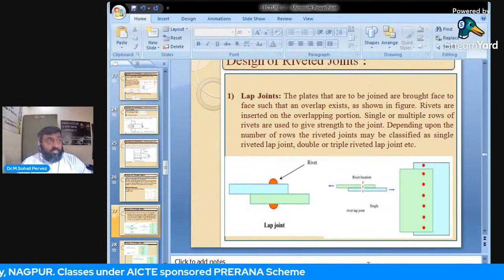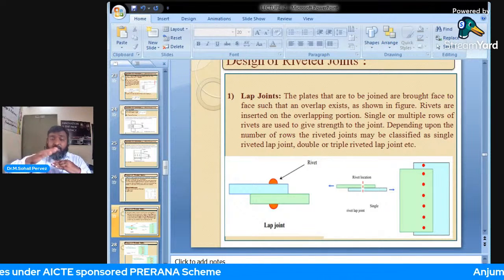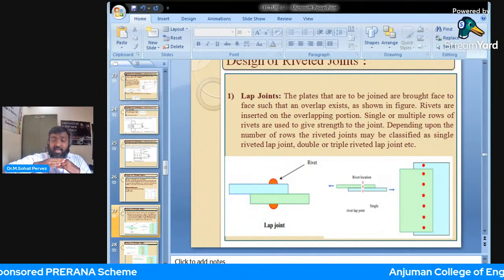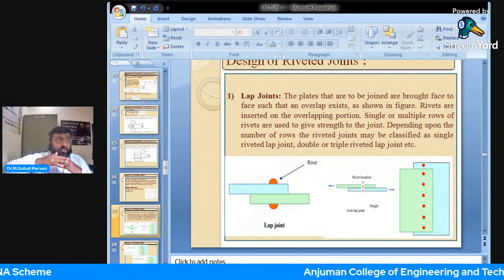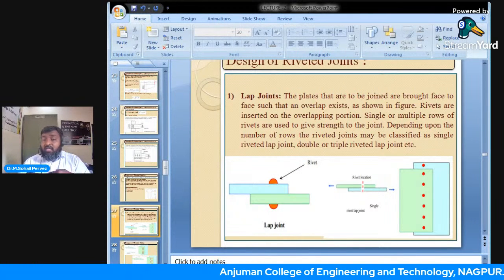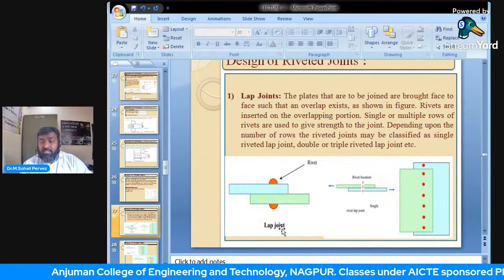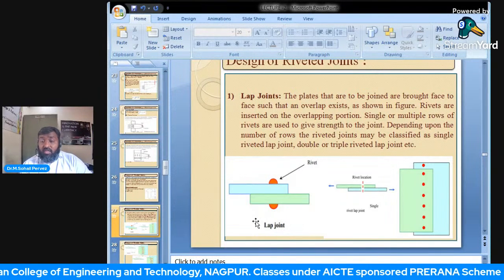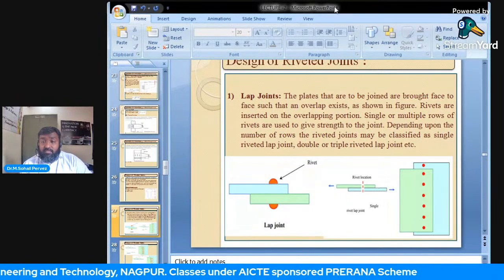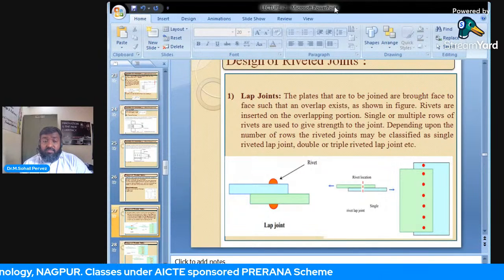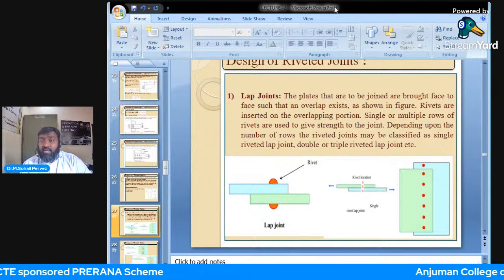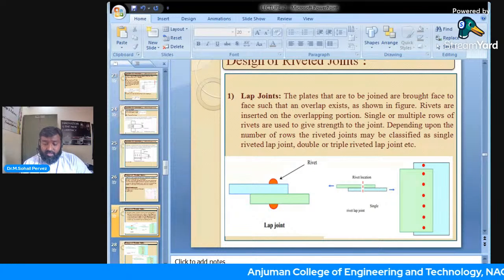So lap joint: when one plate is kept overlapped over another and a rivet is used to join the two plates, such a joint is known as a lap joint. Please concentrate on the diagram itself so that you can have a very good idea of the type.